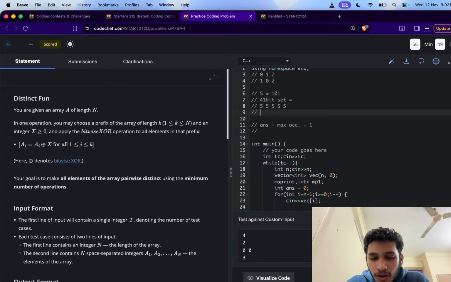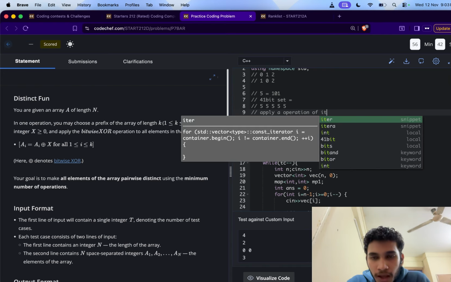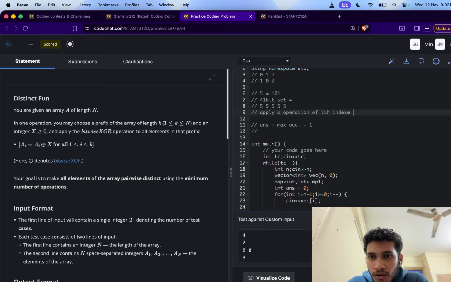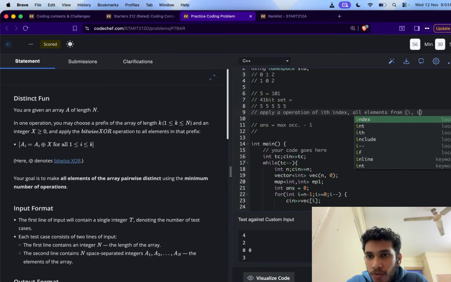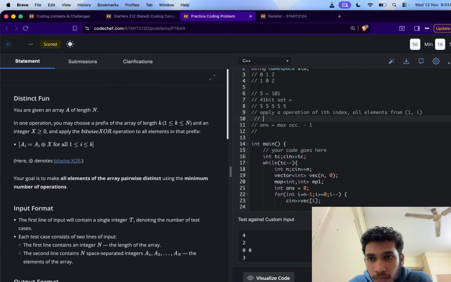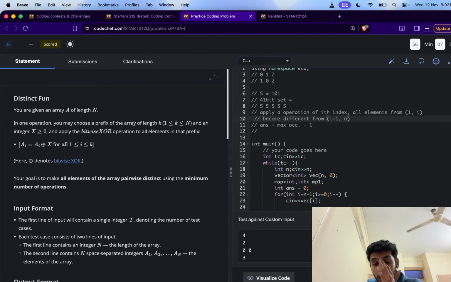If we apply the operation on the ith index, all elements from 1 to I become different from I plus 1 to n. So it's better to forget all the numbers from I plus 1 to n.